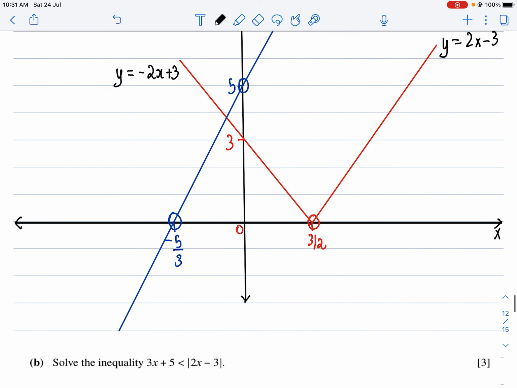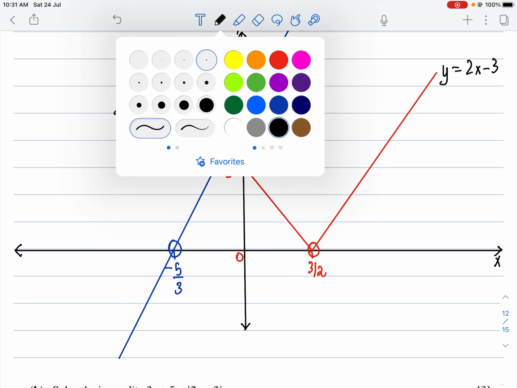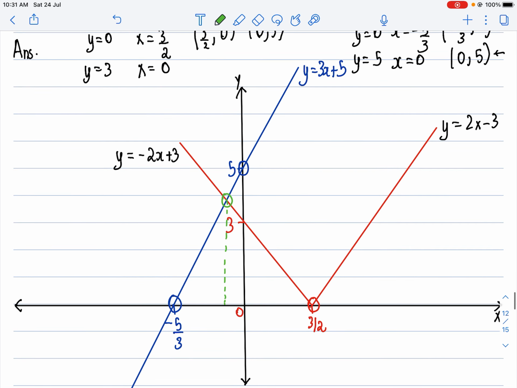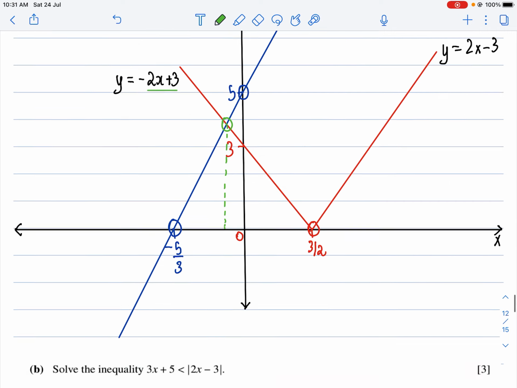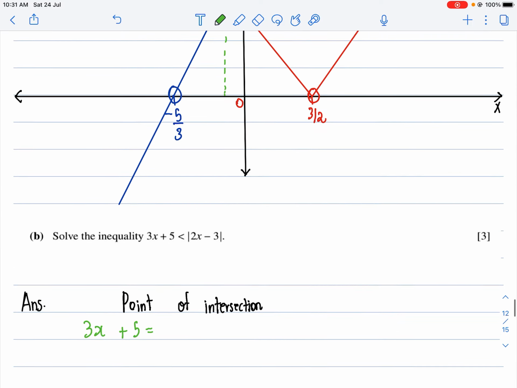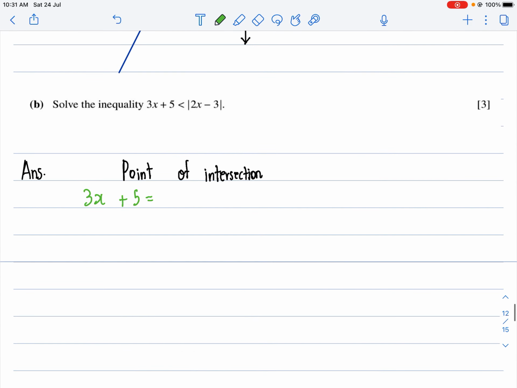As you can see here, we have one point of intersection, which lies somewhere here. The graphs are basically intersecting for 3x plus 5 and minus 2x plus 3. So I can first write 3x plus 5 equal to minus 2x plus 3.